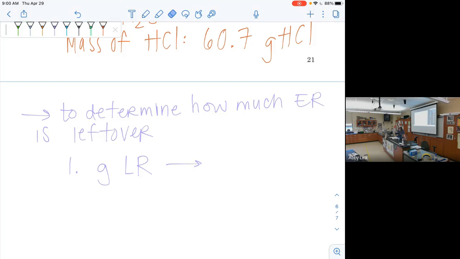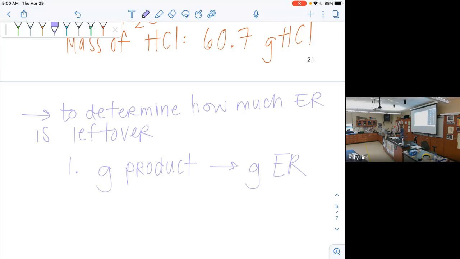You know what, guys? I actually want to do a different method with you guys. I want you to go from grams of your product. I'll leave it general here, so it's like notes, to grams of your excess reactant.